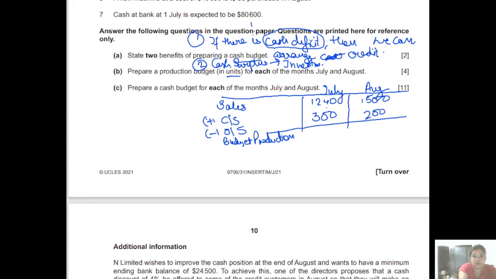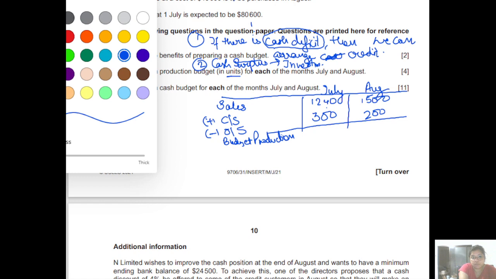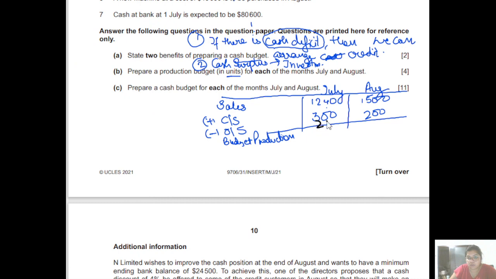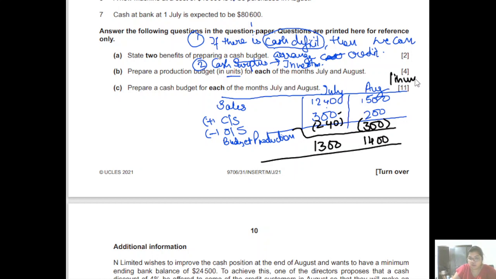And July's closing stock, that is 300, is the opening stock for the month of August. So from this you can easily find out your production budget, that is 1300 and 1400, and this is in units. Now this is the answer for part B.